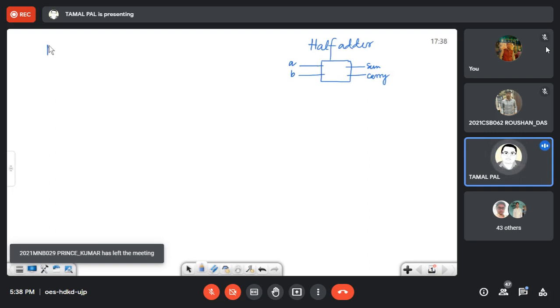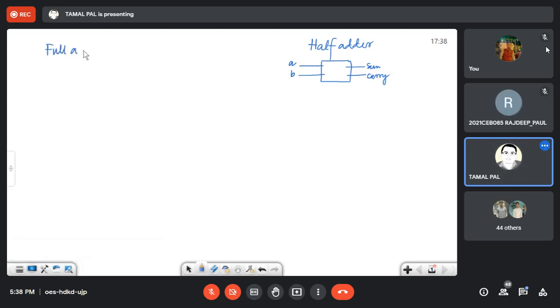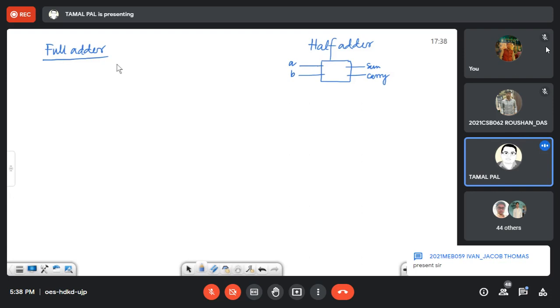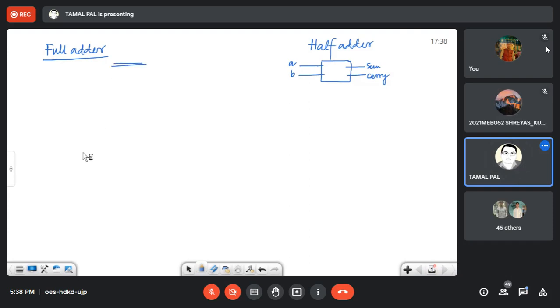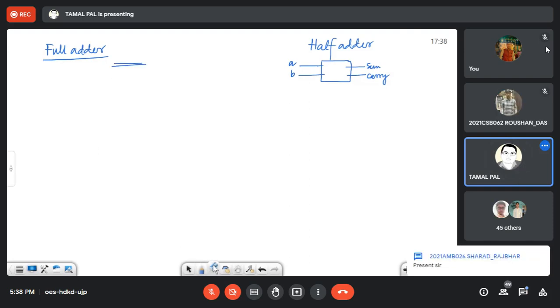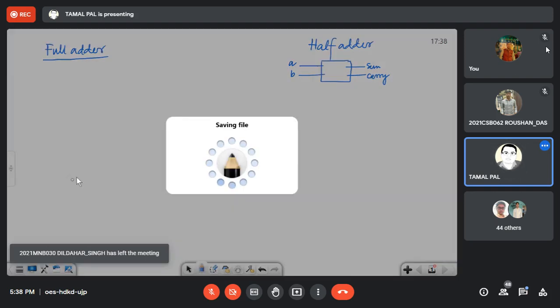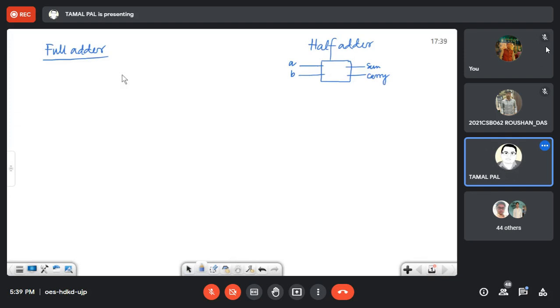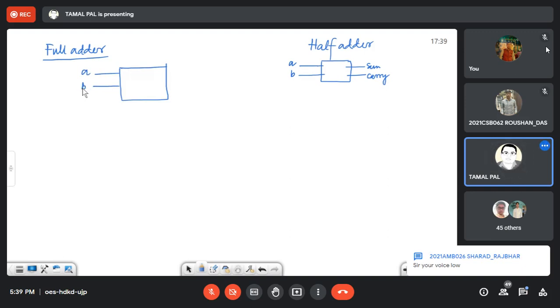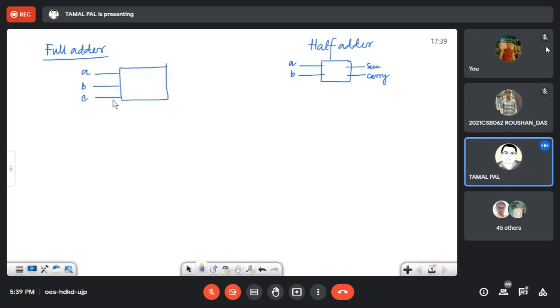Now we'll discuss full adder. Here we have 3 bits A, B, and C. This is called a 3-bit adder.